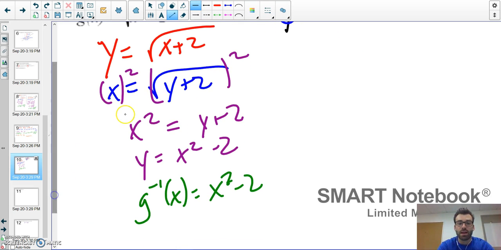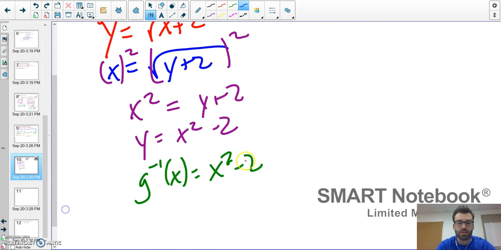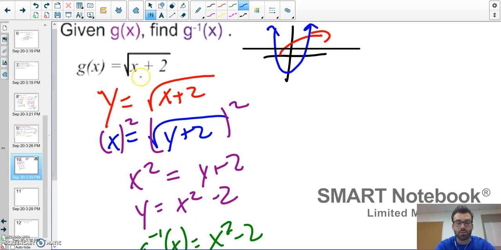So when I input this and take the composition of this function, I'm going to try that first to see if I get x. I'm going to plug in x squared minus 2 back into my original function for x. So I have the square root of x squared minus 2 plus 2.